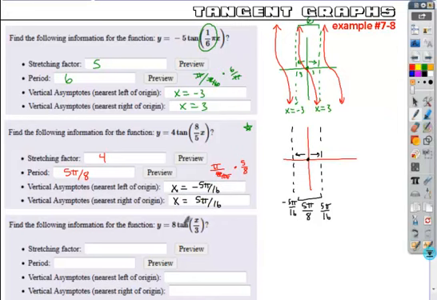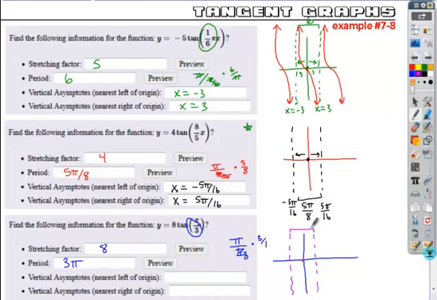And when you look at the third example, the stretch factor is 8. The period can be found by taking pi divided by the multiplier of x. That's 1 over 3, so that's equivalent to multiplying by the reciprocal, giving us 3 pi. Because I don't see any shift here, the point that I begin with is the origin. And my asymptotes are going to be equal distances away from that.